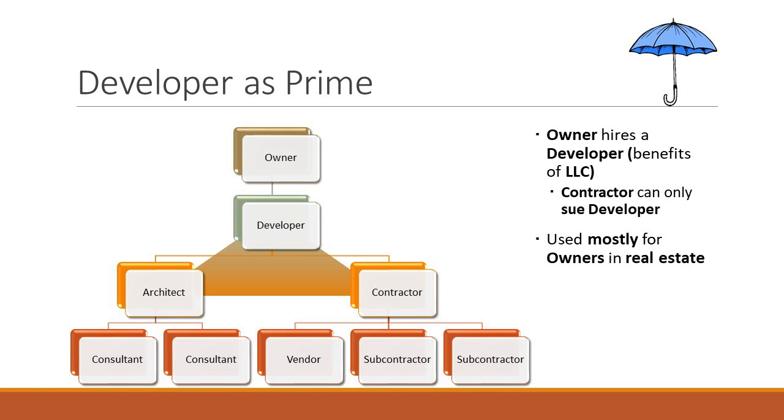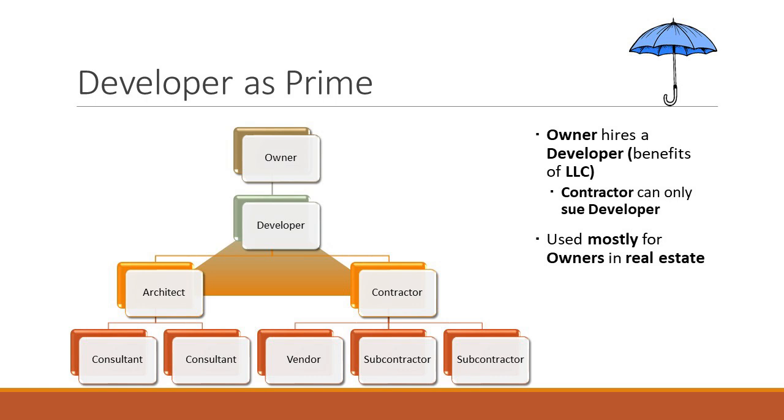But what he wants to do, when he is developing an apartment complex or owning it, is insulate himself or the company that he works for, it's Zell Development, Zell Realty, whatever it might be, from the potential liabilities of a lawsuit from an architect, a lawsuit from a contractor, a lawsuit from somebody who slips and falls on the project. So this owner, Sam Zell or whomever else it might be, creates a developer company.